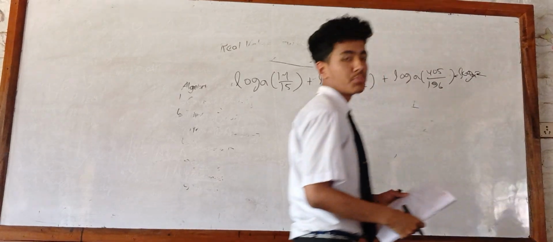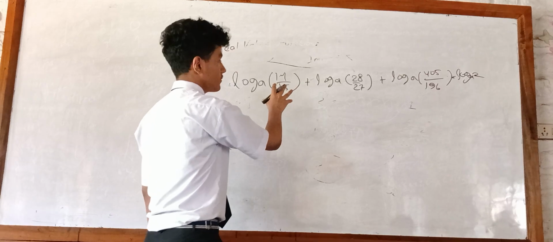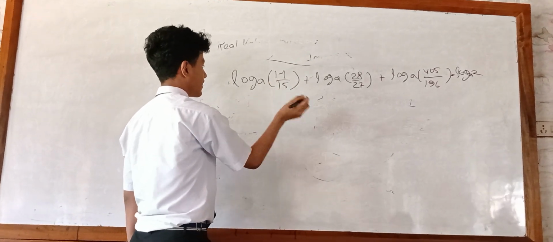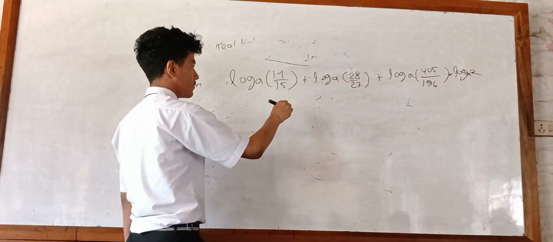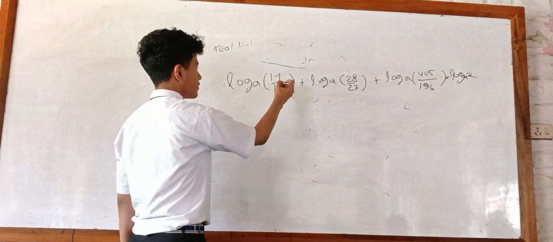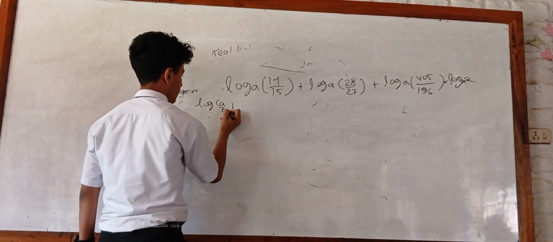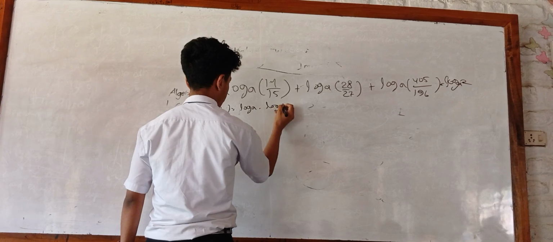For this problem, first we have to separate these logs into two parts by using the property log(a/b) equals log a minus log b.